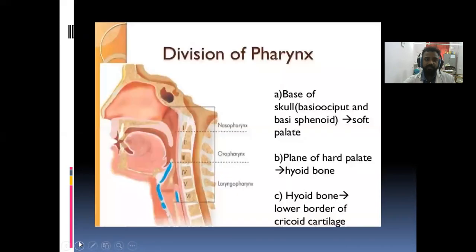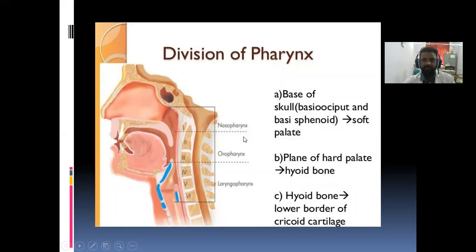Next we will see the divisions of the pharynx. The first is from the base of the skull, that is the basiocciput and the basisphenoid, to the soft palate.